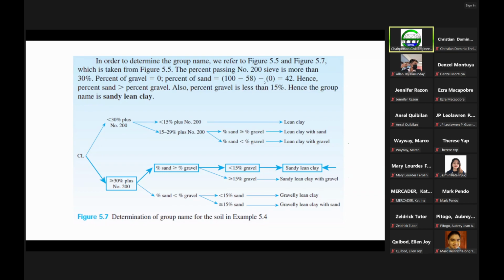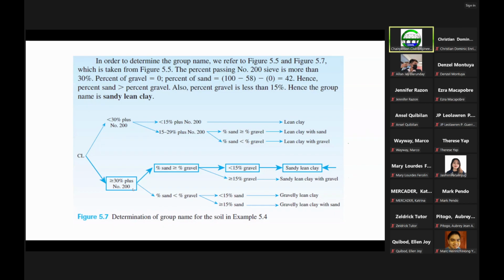And then minus the percent of gravel, which is zero. So that gives you 42%. So that means the percent of sand is greater than the percent of gravel.